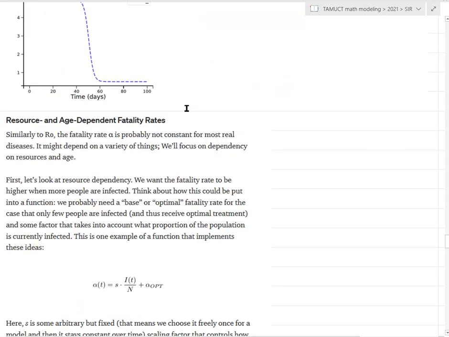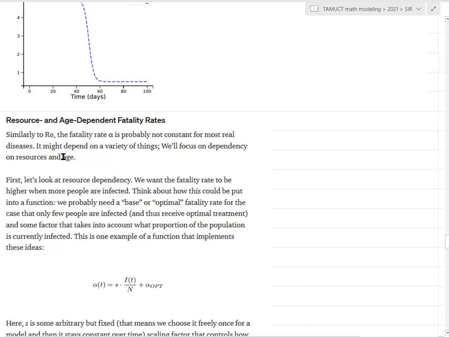All right, so in this section, he talks about another approximation of a realistic situation where the fatality rate, like alpha (remember, I didn't really call that fatality rate, I called it the die-off rate), is not constant and may depend on resources. For instance, if your ICUs are overloaded, then your fatality rate will go up.